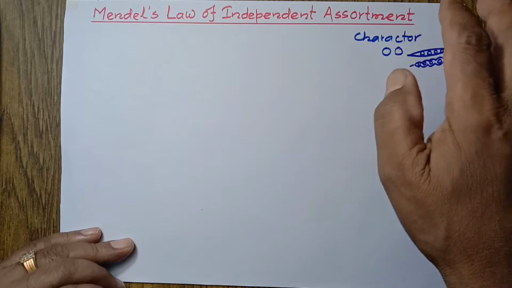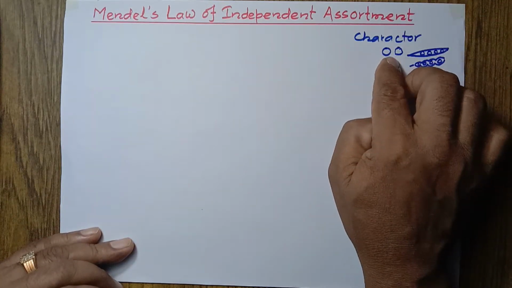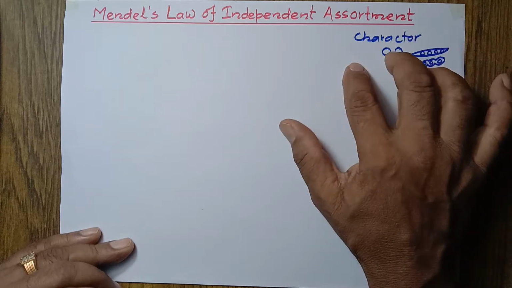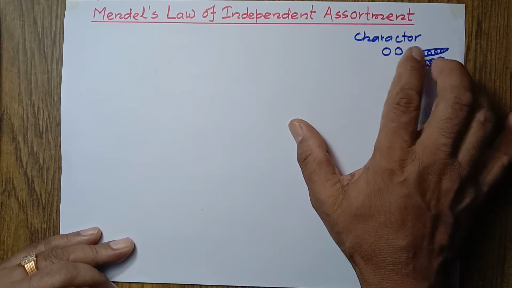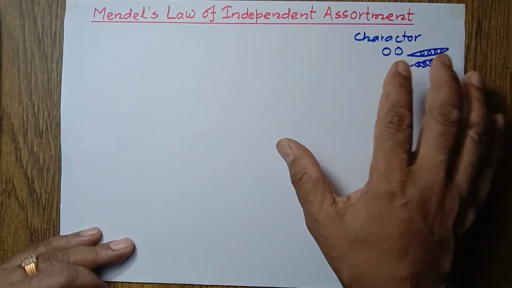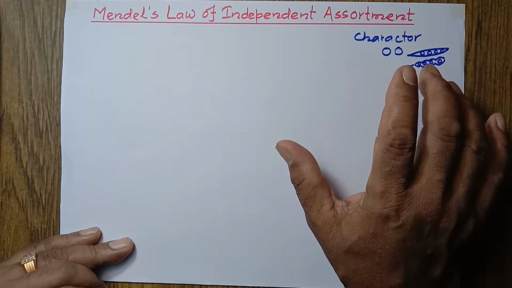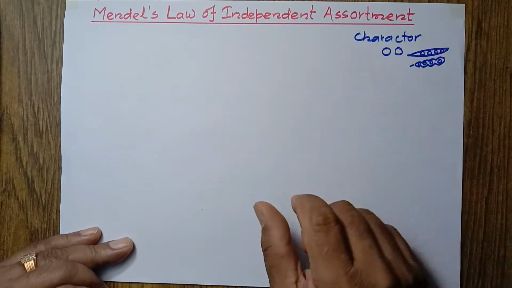Is there any relation between the height and color of seed? Is there any relation between the texture of seed and the color of seed? He tried to find out the relation between these different factors of different characters.